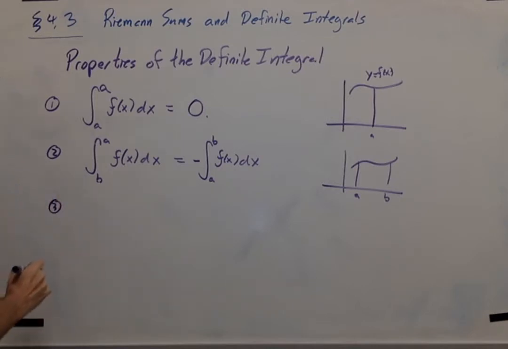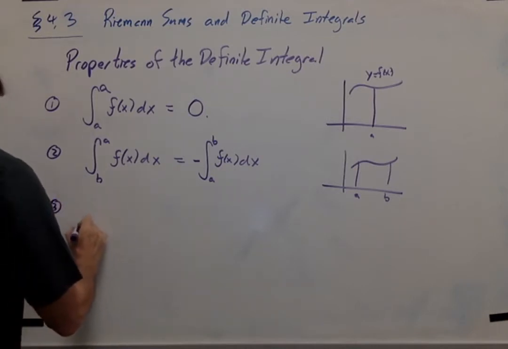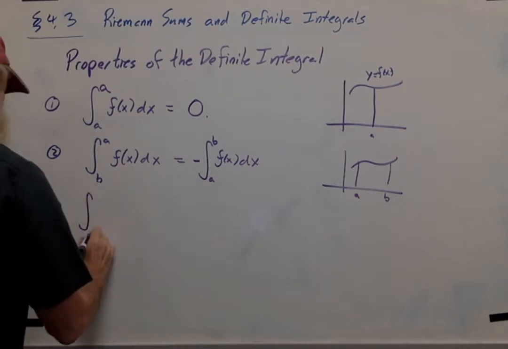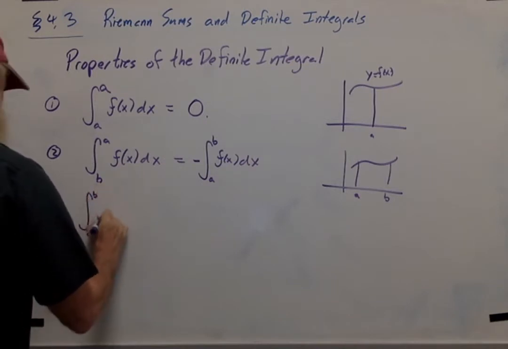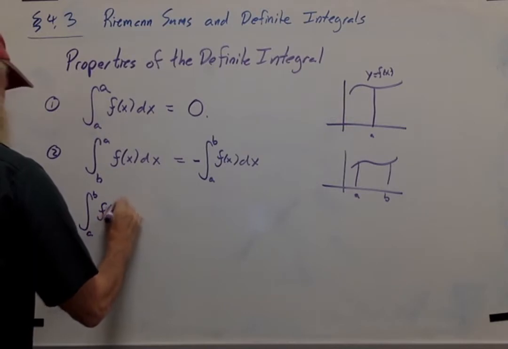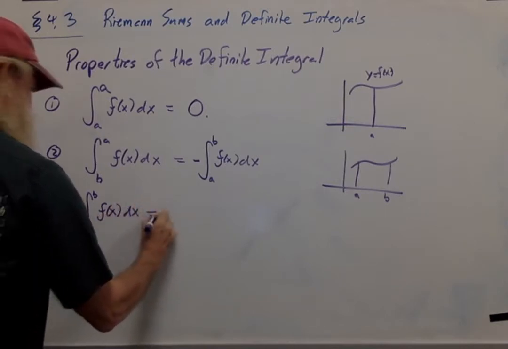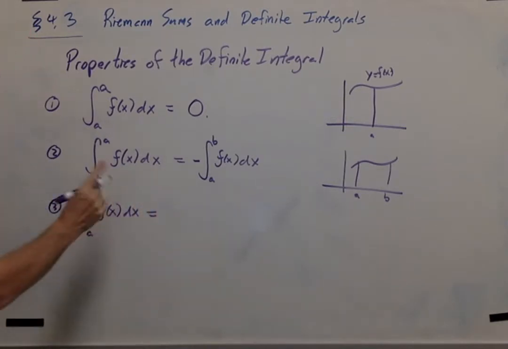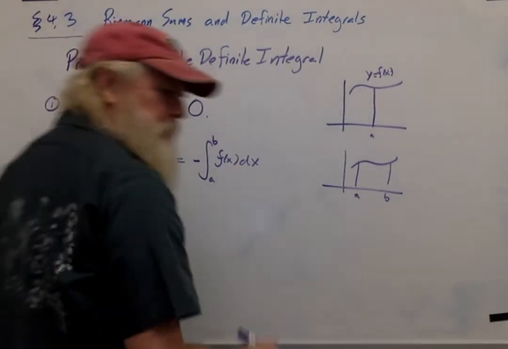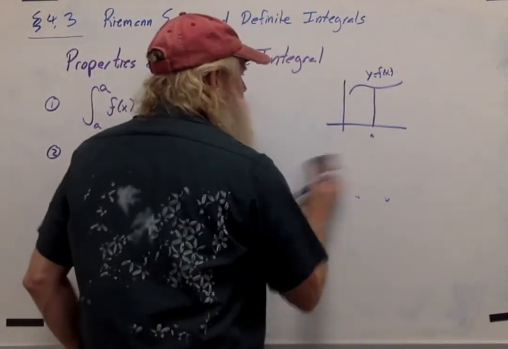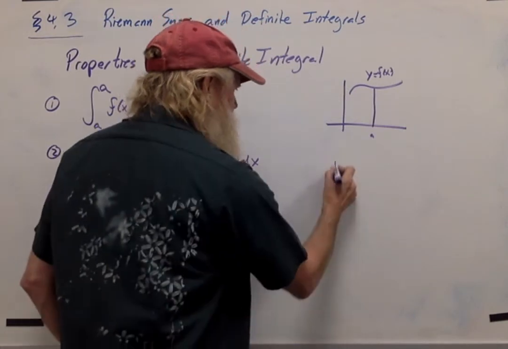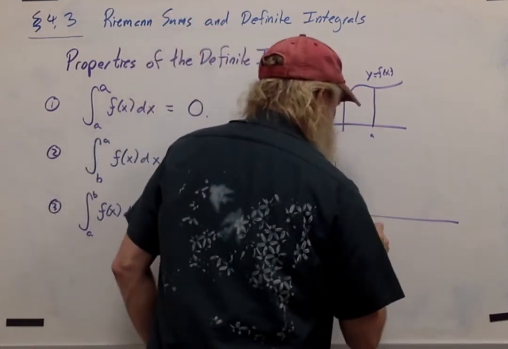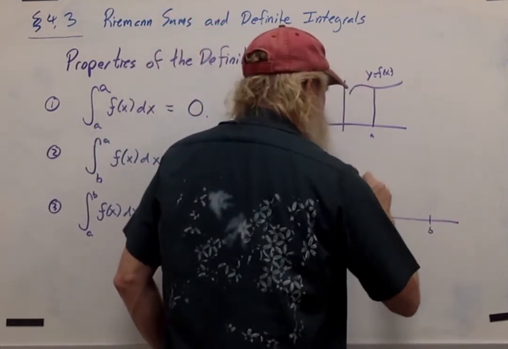Now the third one is one that's going to look kind of odd. But let me draw you a picture first, and then we'll write it down in symbols. So here we have the integral from a to b of some function. Say this is a, this is b.